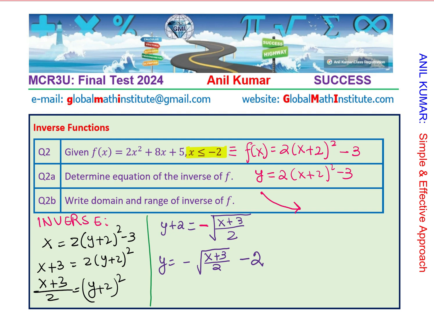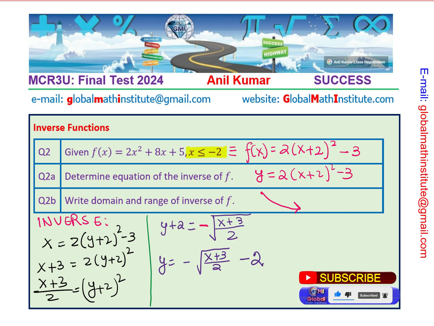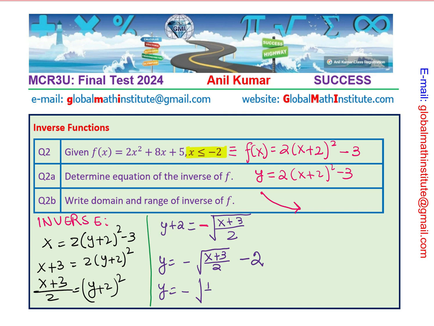So you can see from here that this is a square root function, and this square root function has a vertex. Let me rewrite this as y equals minus, within the square root I'll take half common, (x plus 3), minus 2.